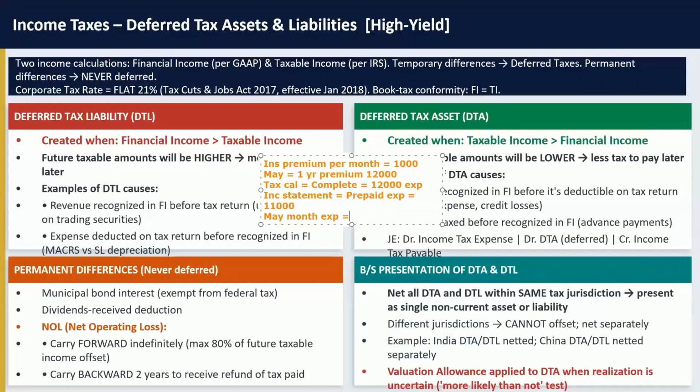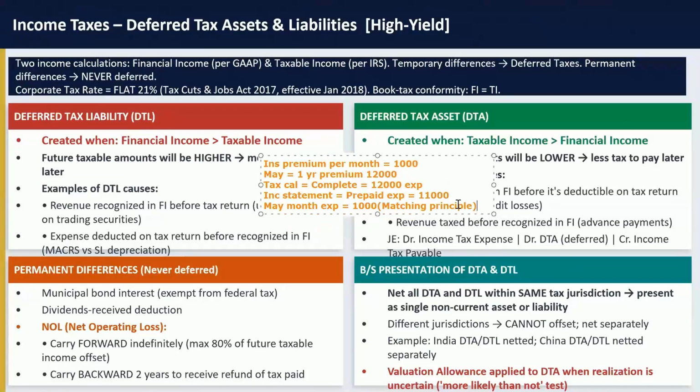May month expense is how much? 1,000, according to the matching principle. Okay, now what is happening? In your tax calculation, now tell me, will taxable income be less or more? All of you, in this transaction, is your taxable income less or more?